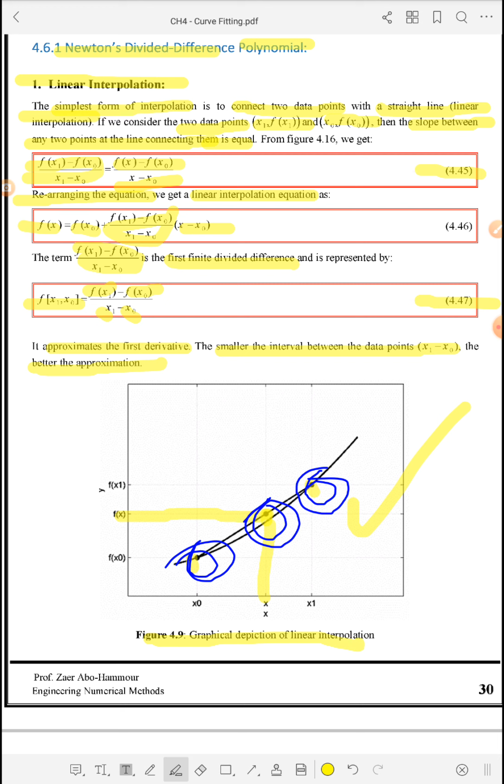Okay, we know according to the calculus courses that if the interval between x naught and x1 is shorter, then the slope of the line connecting those 2 points will be close to the actual value of the slope, which is actually the tangent at any point that we need.